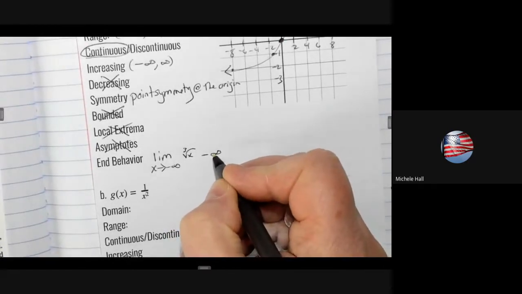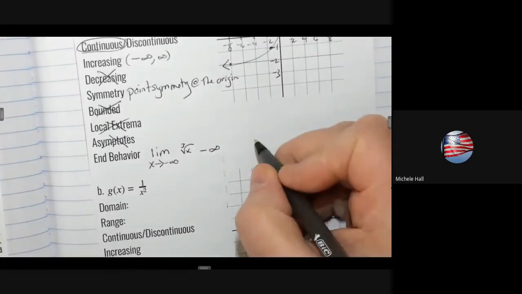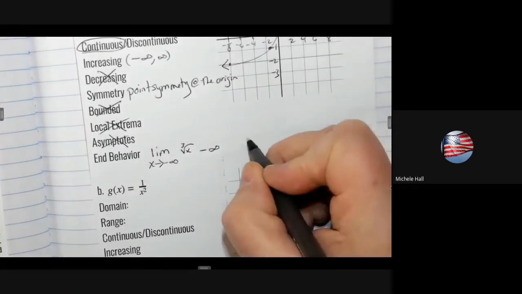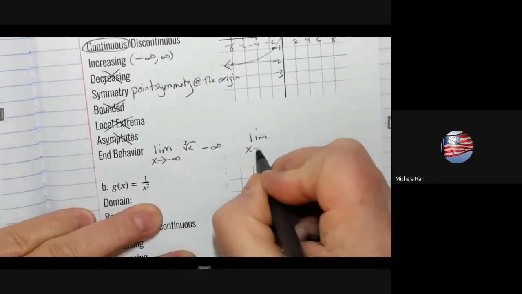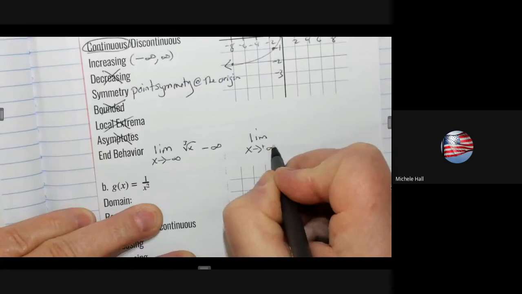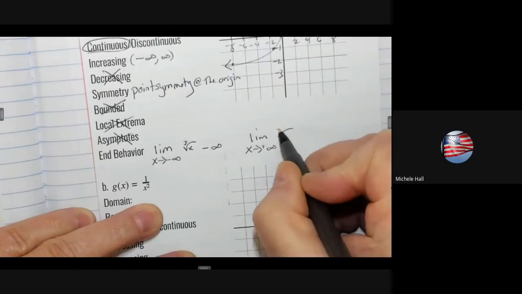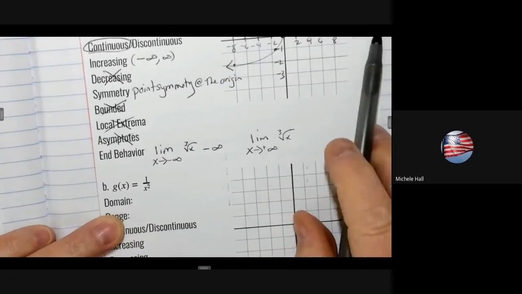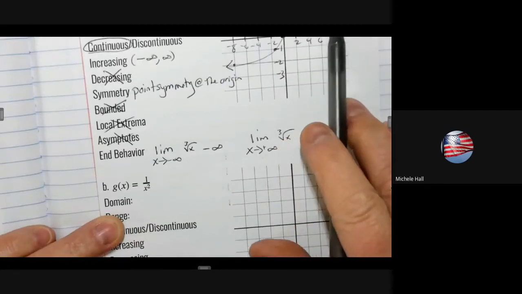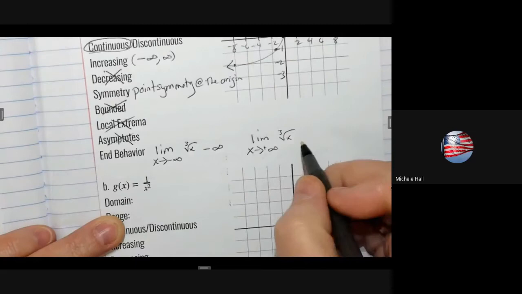And then when you have the limit, you also have to look at the right tail. So you have the limit as x approaches positive infinity of the function. We can see that this tail is going out, out, out, which would be positive infinity.